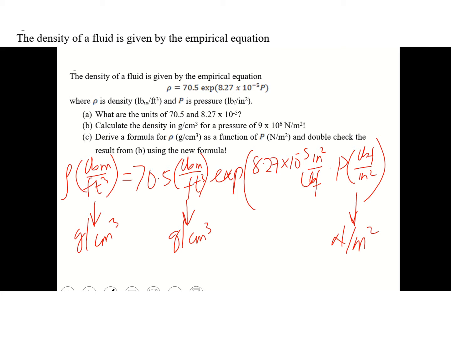Please note, once we are able to convert the density from pound mass per foot cube to gram per cm cube, and convert the pressure from pound force per square inch to Newton per meter square, then automatically the unit of the density will be gram per cm cube. So let's establish the relationship between all those different units.